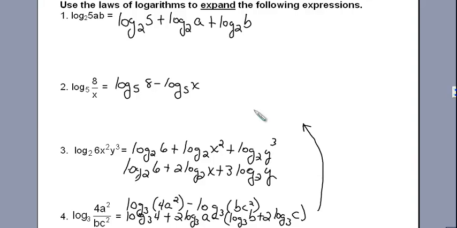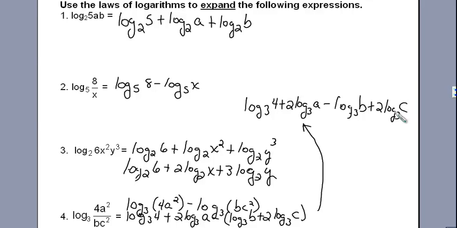This number 4 would fully expand as log base 3 of 4 plus 2 log base 3 of a minus log base 3 of b plus 2 log base 3 of c.